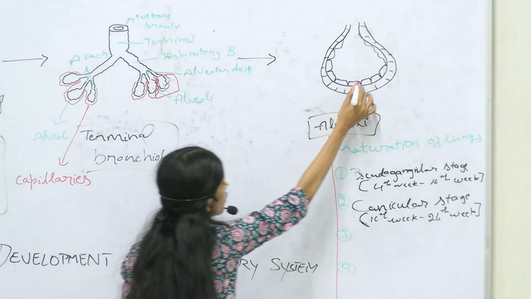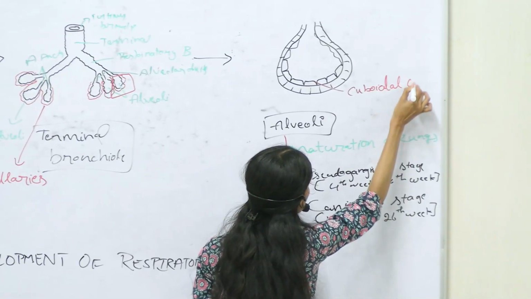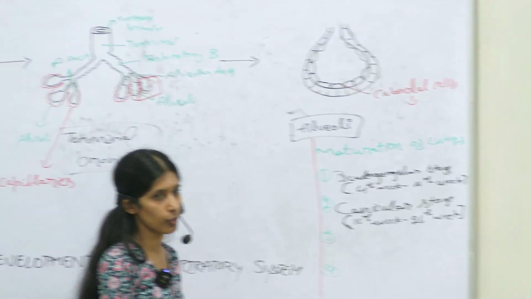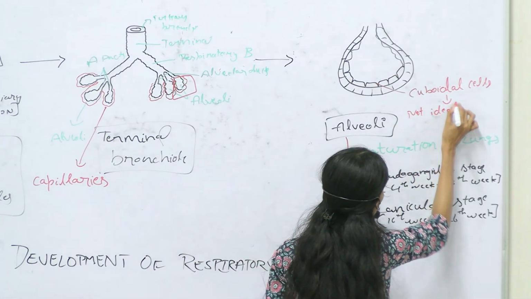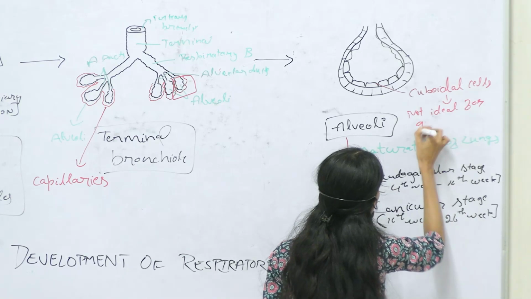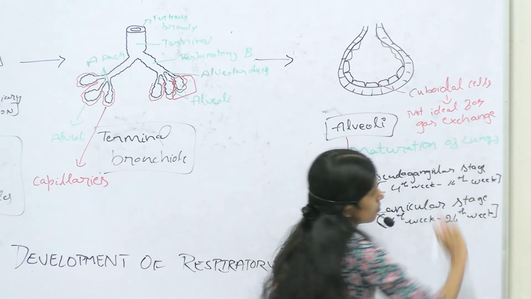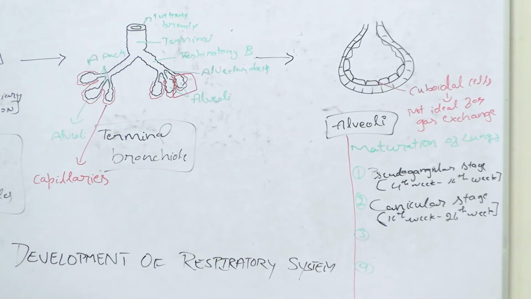These are your cuboidal cells. These cuboidal cells are not ideal for gas exchange. Is it clear for everyone?